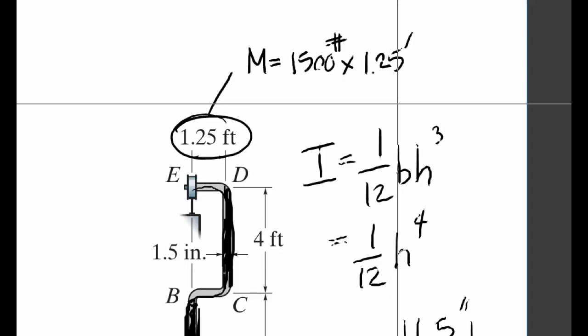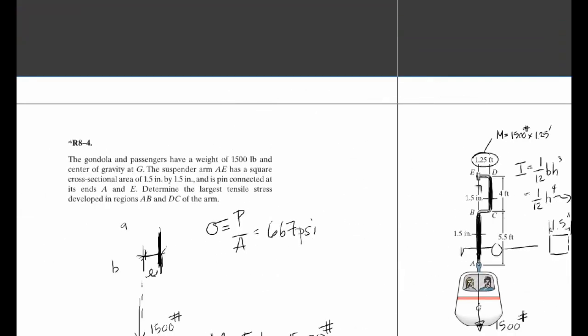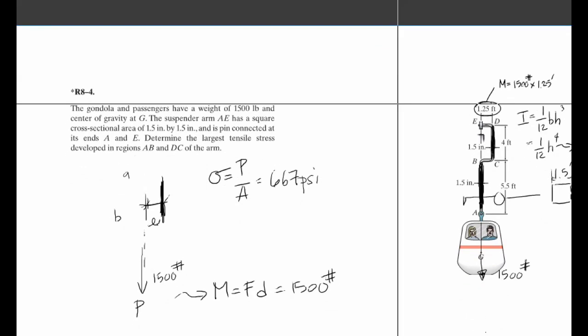Make sure as you solve that you are consistent with units, because your inertia will most likely come in inch to the fourth. It's standard practice to have it in those units in America.